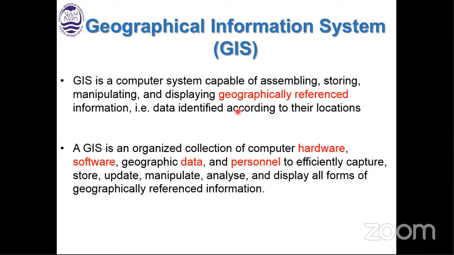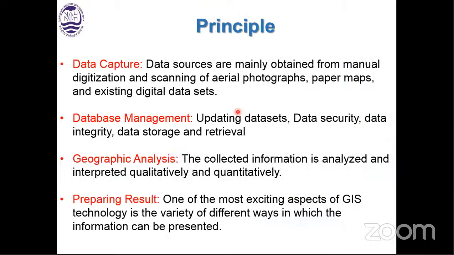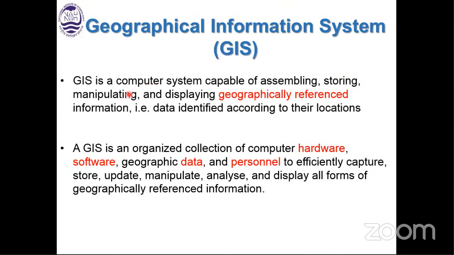Now, next thing is GIS. So what is GIS basically? GIS is a computer system capable of assembling, storing, manipulating, and displaying geographical reference information. So what is geographical reference information? We have seen the telephone directory in childhood. A telephone directory has two things: a phone number and a name. But that data doesn't incorporate the location of that particular user or phone number.